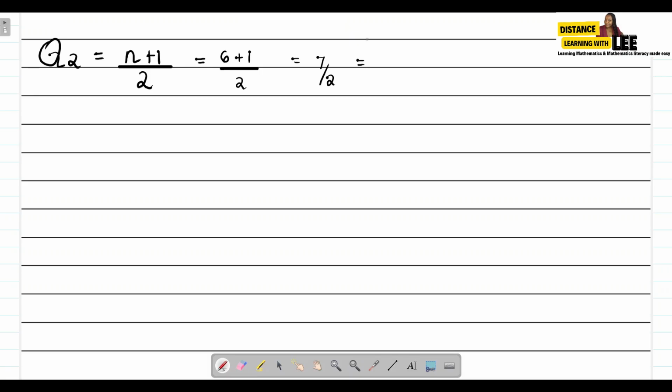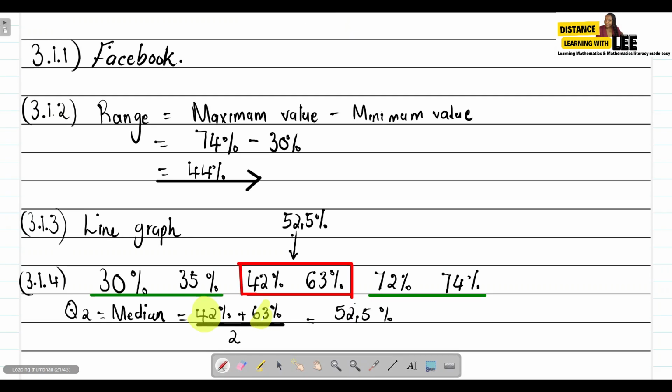However, guys, this is not the median. Our median is not 3.5. This just gives us the position of our median value. So we need to go back to our data arranged in ascending order and count 3.5 spaces to determine where our median is.